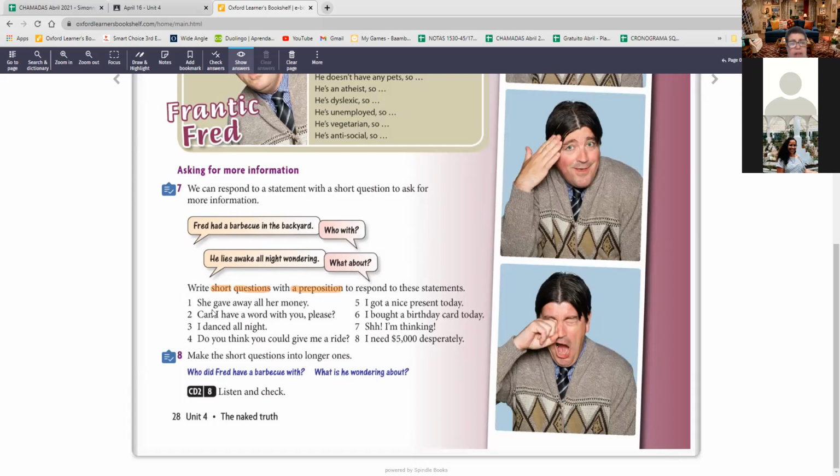The first one, she gave away all her money. We asked, who to? So we can say, who did she give all her money to? Or who did she give away all her money to? Or who did she give all her money to? That's a possibility too.